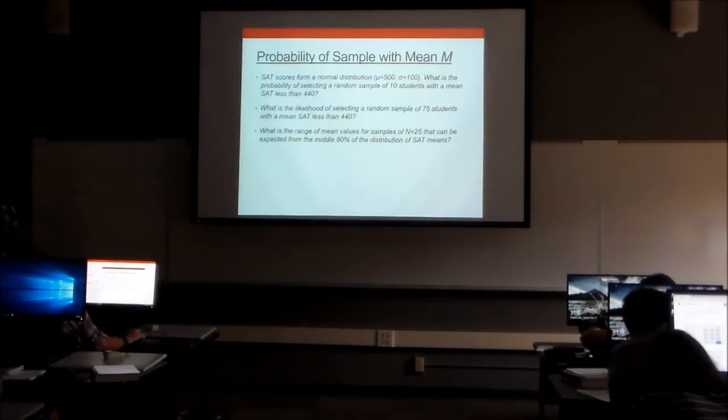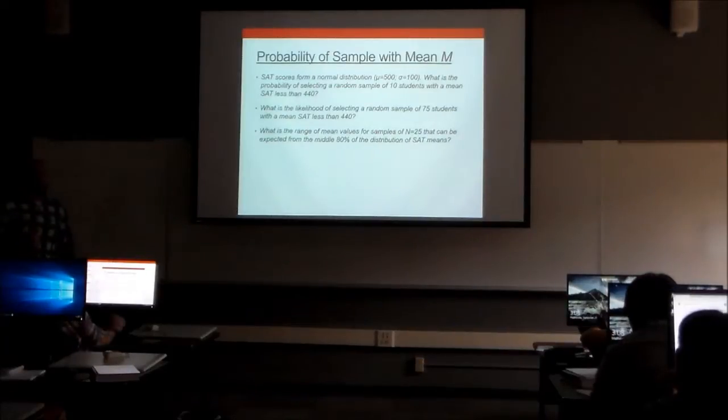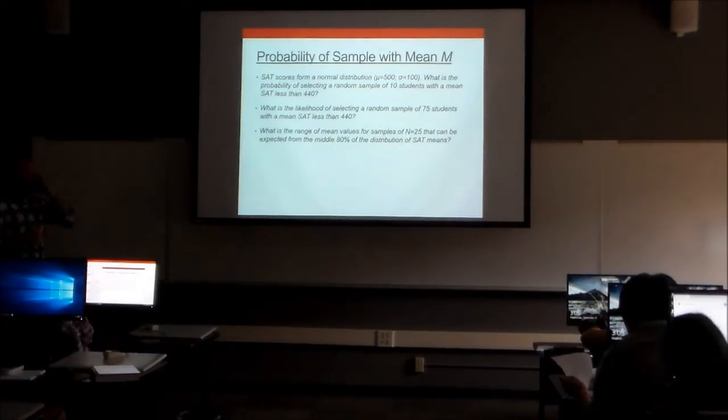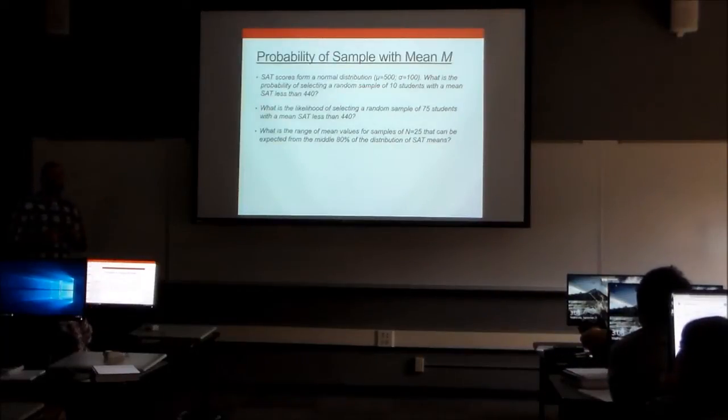And so you start to see, as our standard error decreases, the likelihood that some of this stuff is going to happen starts to go down quite a ways. People starting to see how this is working? So what's the likelihood of randomly selecting a sample that's really weird?